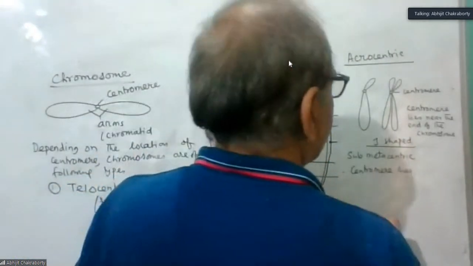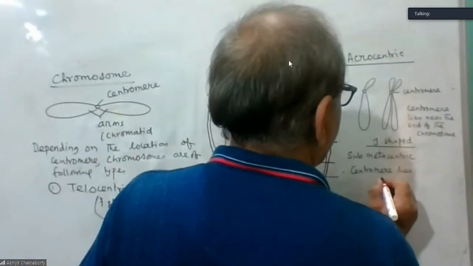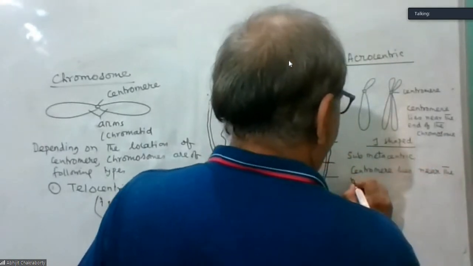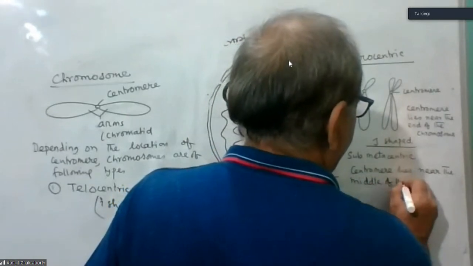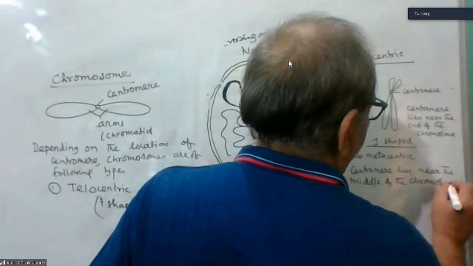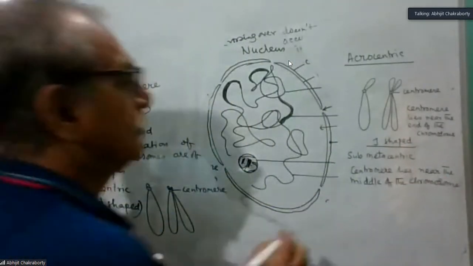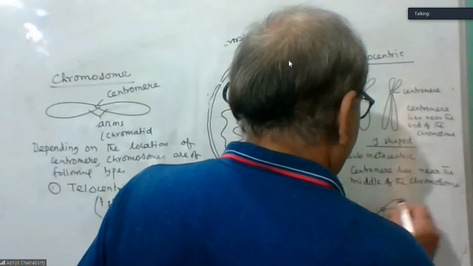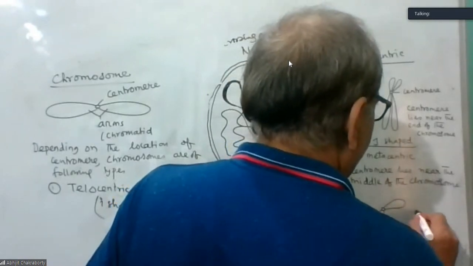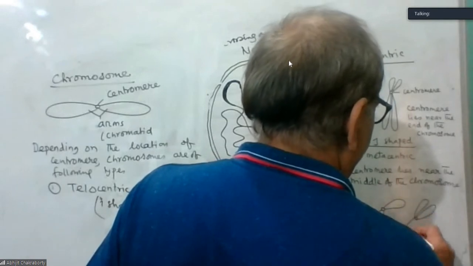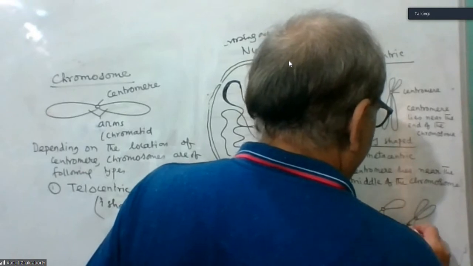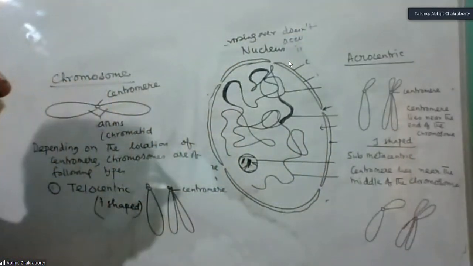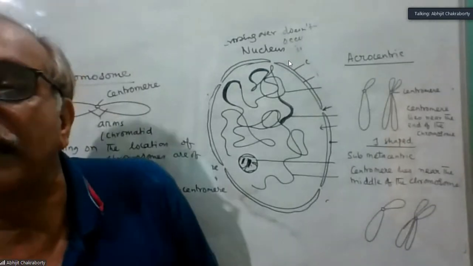Centromere lies near the middle of the chromosome. One arm is slightly larger than the other arm.